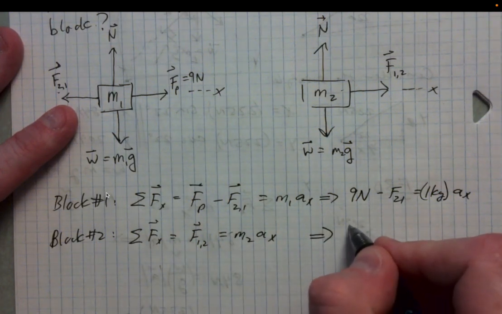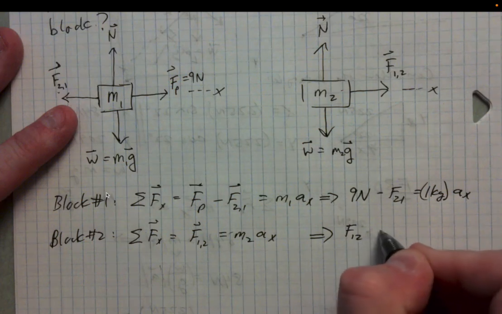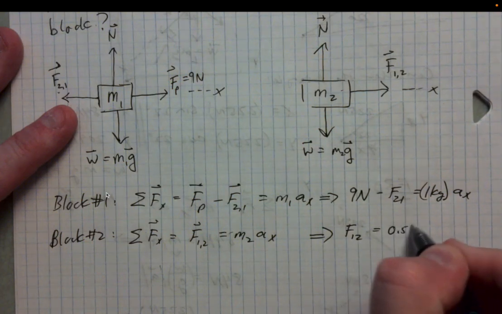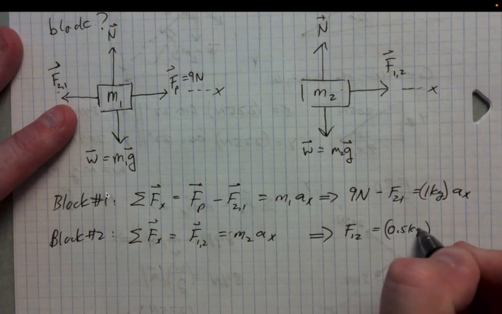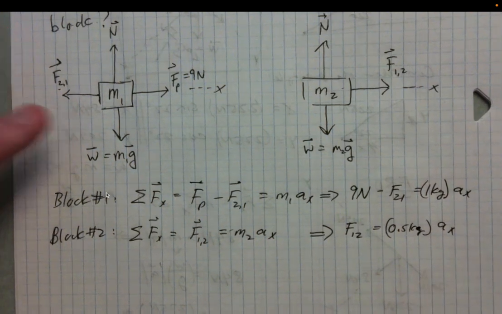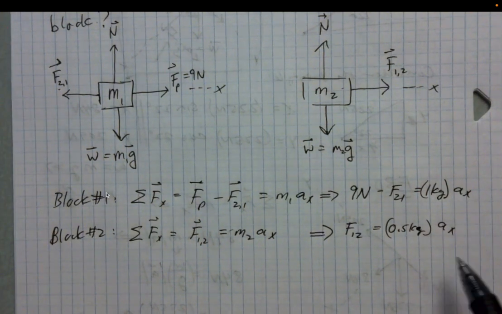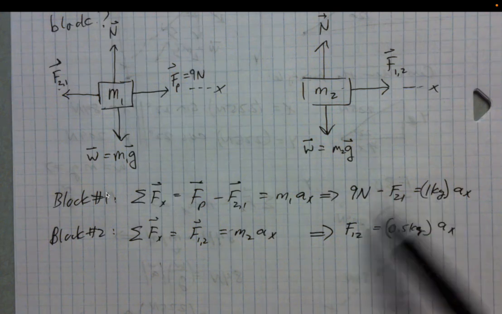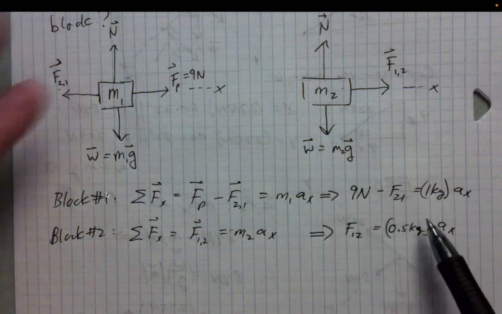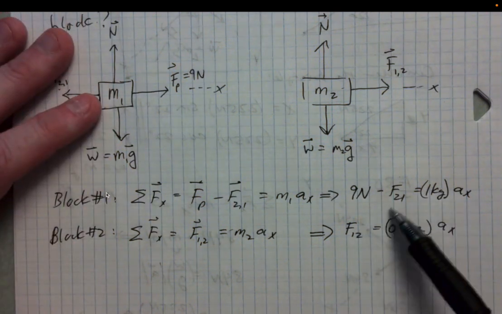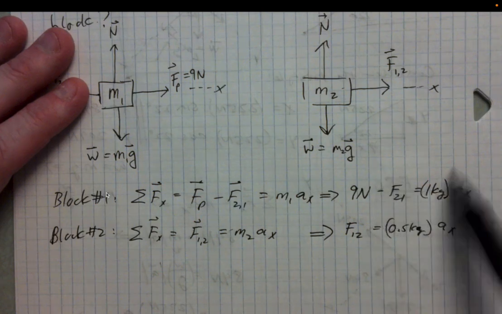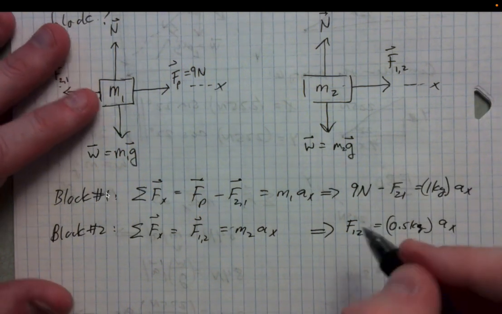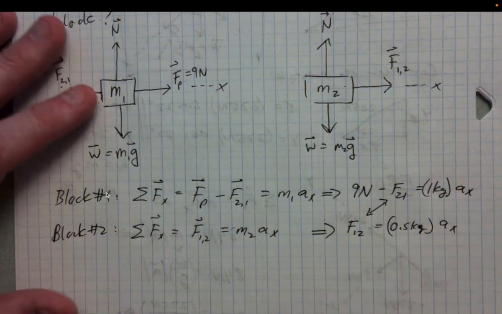So this is F12 equals 0.5 kilograms times a sub x. Okay, we have 2 equations, 3 unknowns, right? So this is not solvable yet. What we'd like to be able to say, we'd like to get to 2 equations, 2 unknowns, right? Then we could deal with this. What can we say about these two?